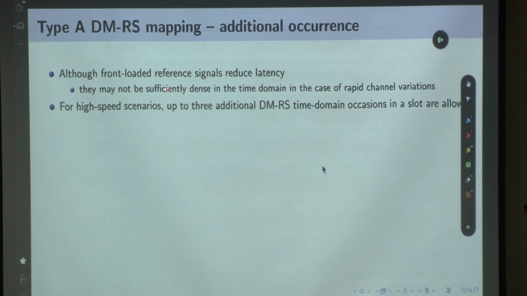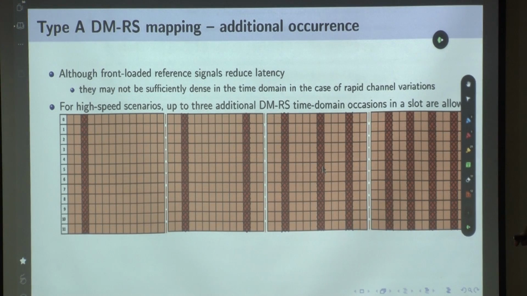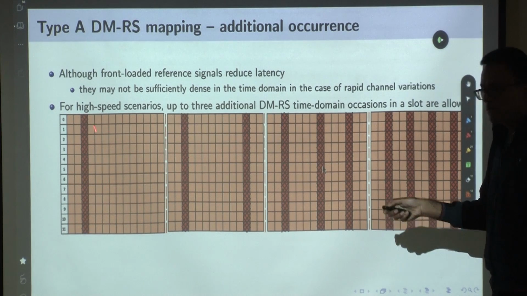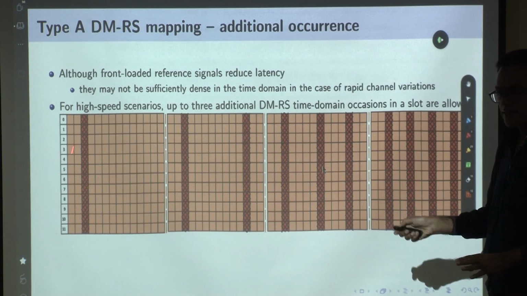Now depending on that, it can send 3 additional DMRS time domain occasions in a slot. That's how it is written in the standard. What does that mean? Let me show you this. This was only 1 DMRS, coming in the second symbol.